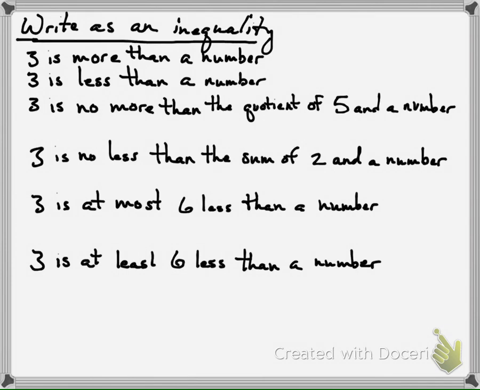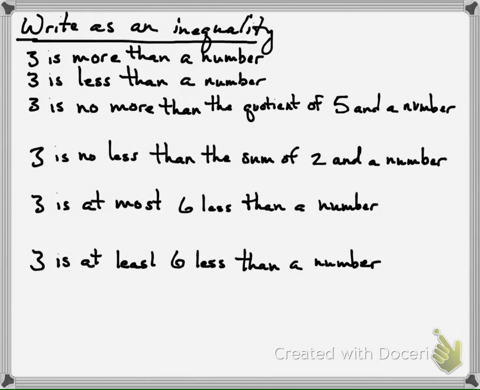Last type of problem. That's a lot of writing. We are going to translate this over into math terms. So instead of having equal signs on these, we're going to have greater than, less than, greater than or equal to, less than or equal to signs. 3 is more than a number.